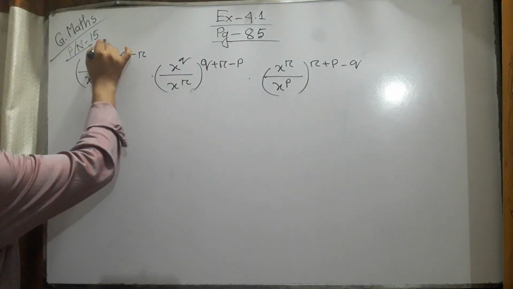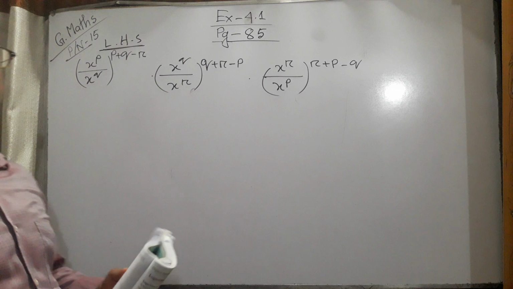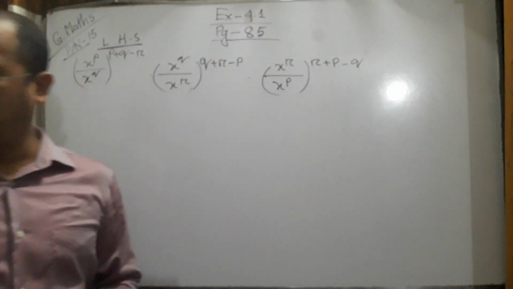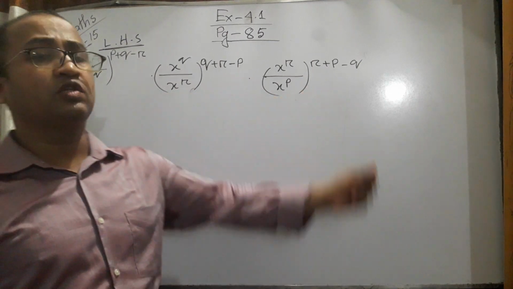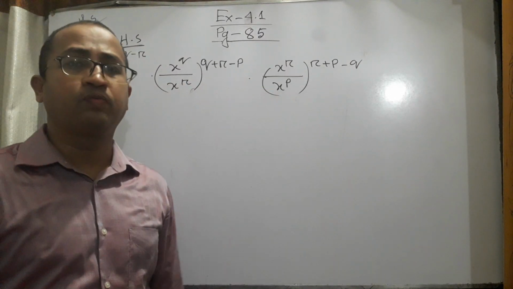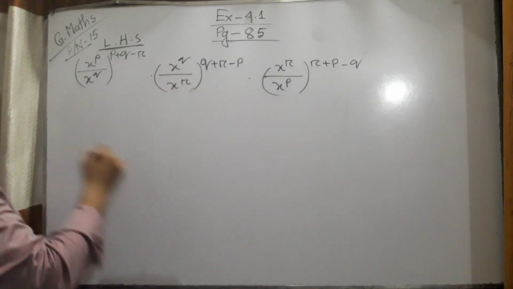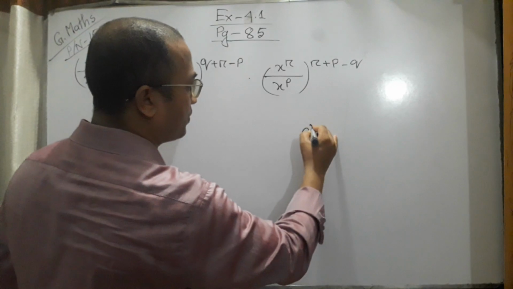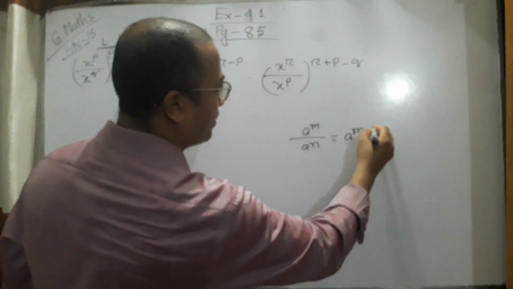This is the left hand side. Left hand side of the question, we will prove that this part is equal to 1. These 3 numbers when we multiply, we will get 1. We will prove this. Now at first here we will apply the law a to the power m by a to the power n equals a to the power m minus n.